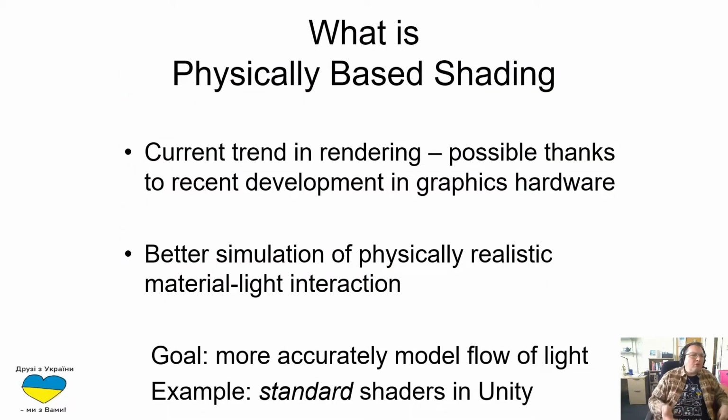So first of all, this is the current trend in rendering, possible thanks to recent developments in graphics hardware. It provides better simulation of physically realistic material-light interaction. The goal is to have more accurate rendering, and first of all, more accurately model the flow of light. A good example of physically based shading is the so-called standard shaders used in Unity.